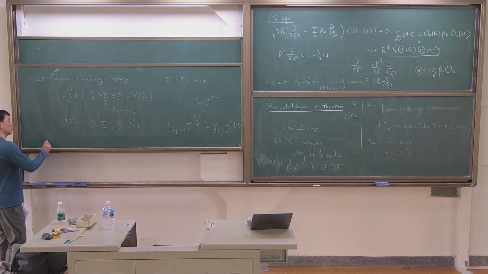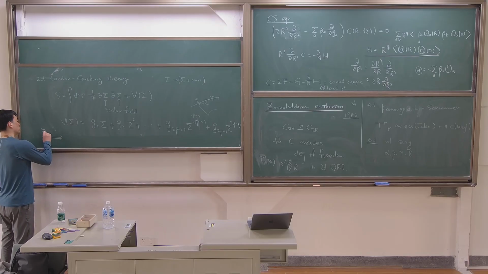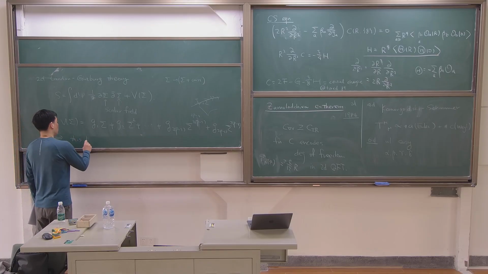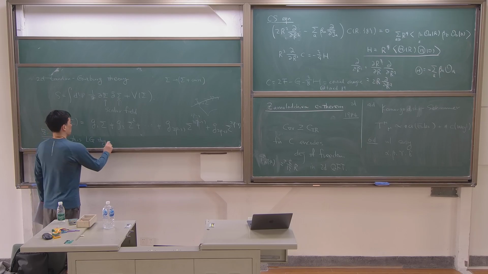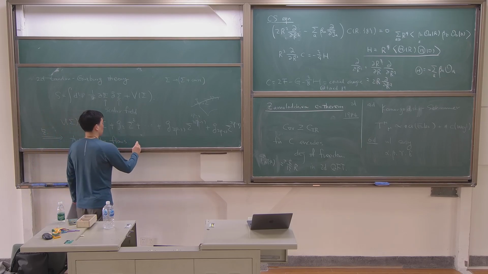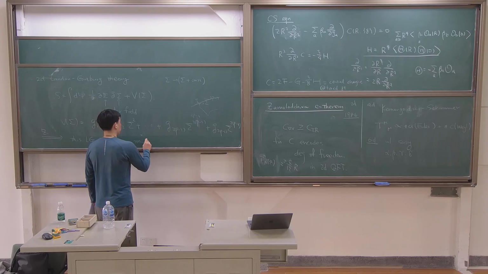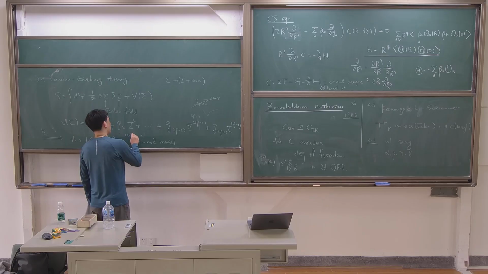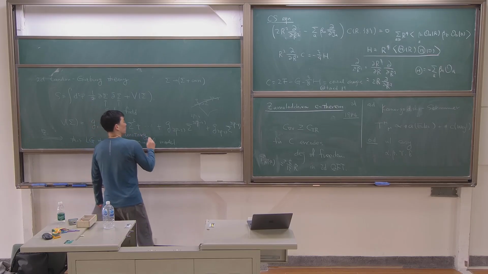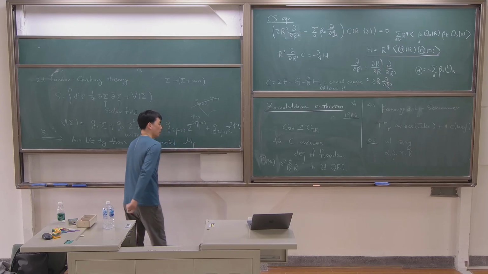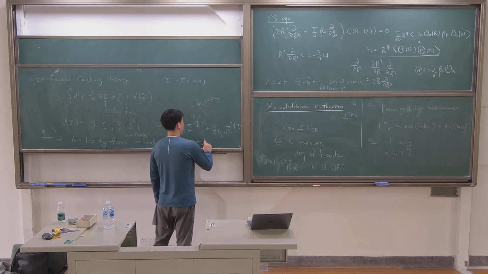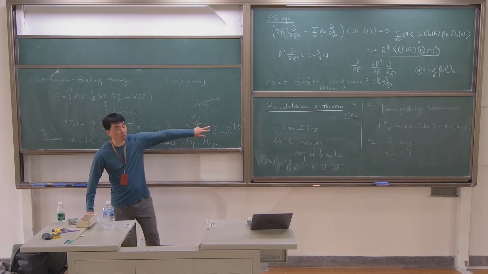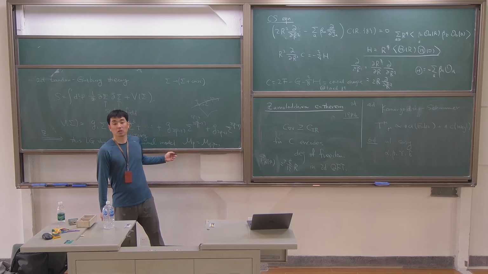And then Zamolodchikov again proposed that this will flow. Now, the Landau-Ginzburg theory flows to the unitary minimal model M_{p,p+1}, where p is exactly the one appearing in this potential. Okay.